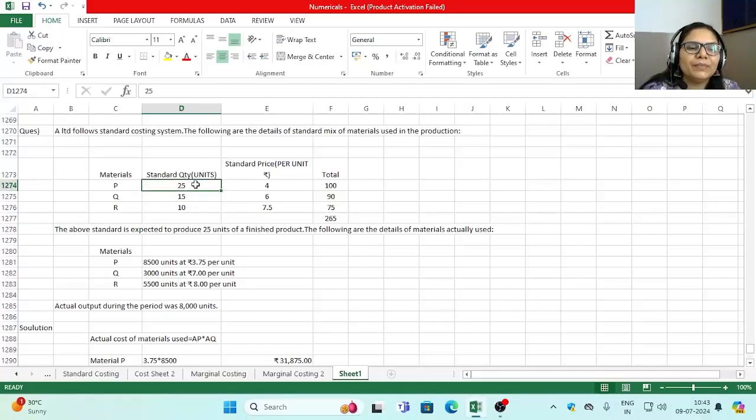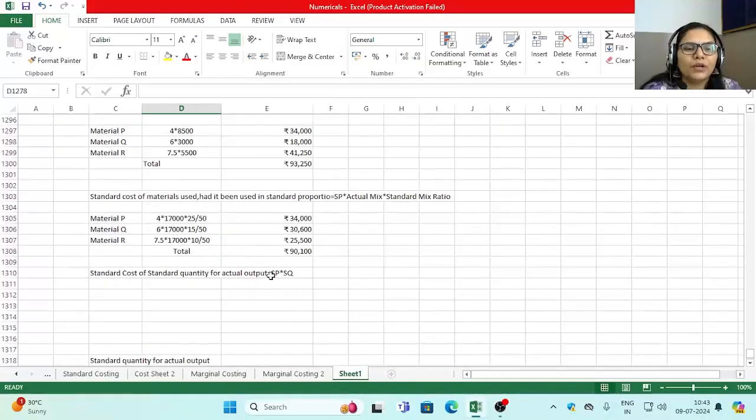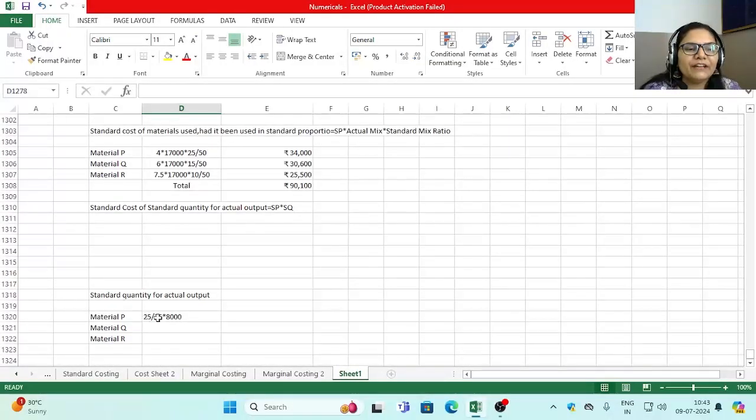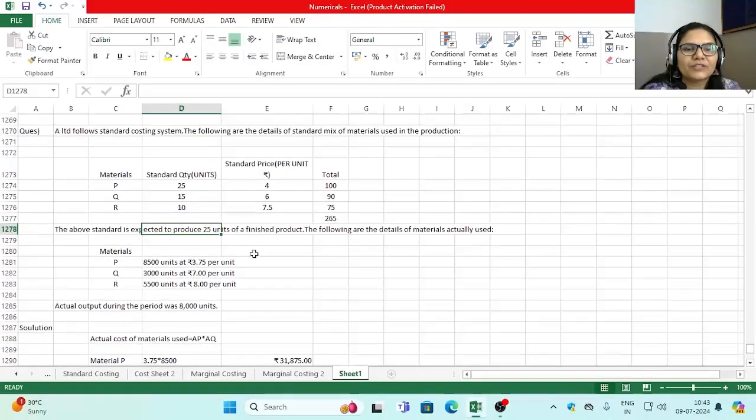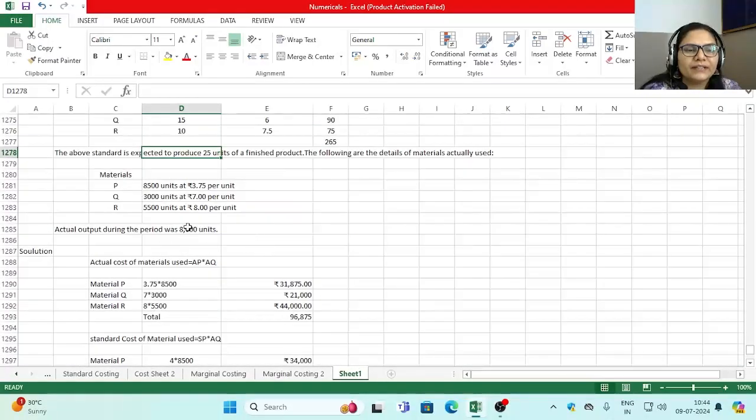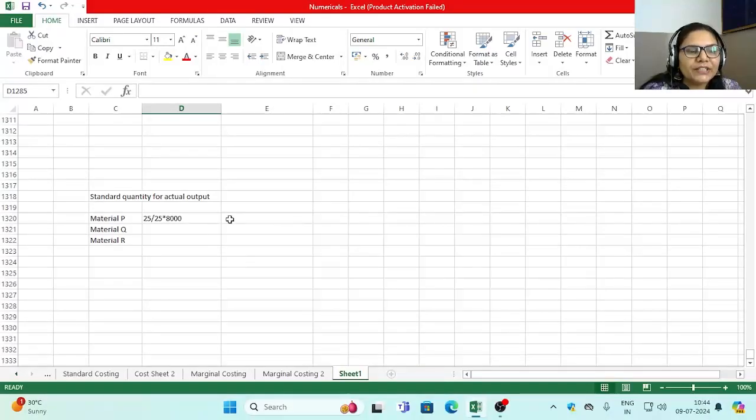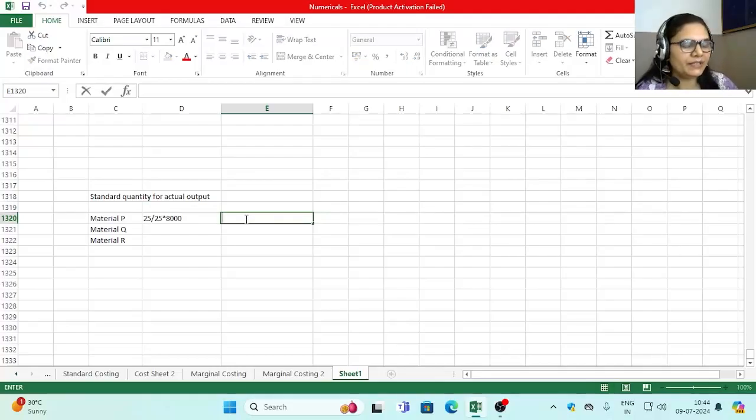How much of material P is in a finished product as per standard quantity. So, what we will do, 25 divided by 25, and we know the actual output is 8,000. So, this calculation simply means how much of material P is in the standard composition per unit, and we will multiply it by the actual output for getting the standard quantity for actual output. So it will be 8,000 units.